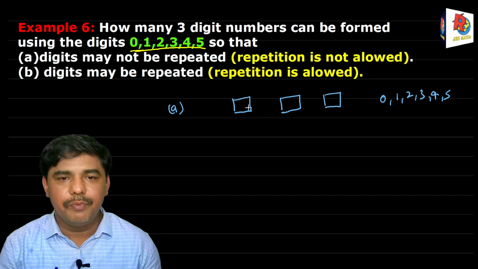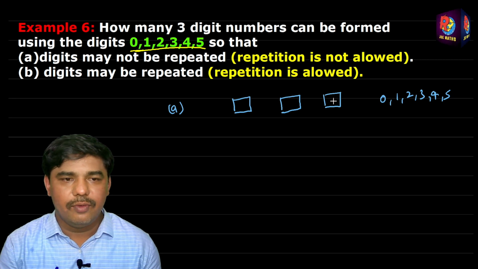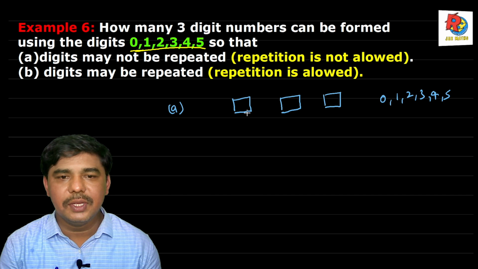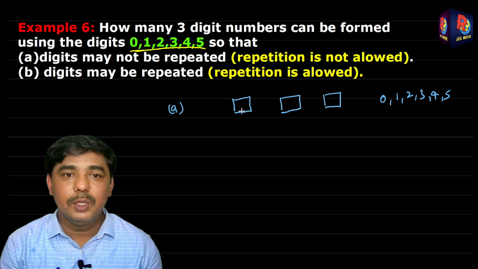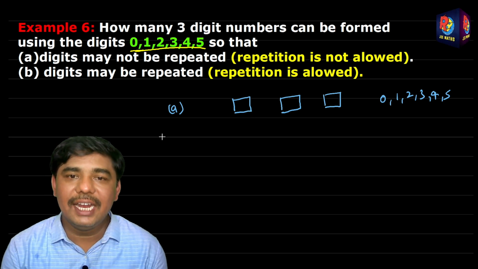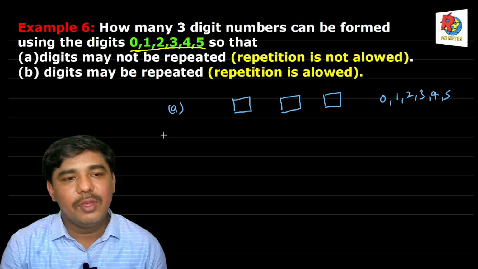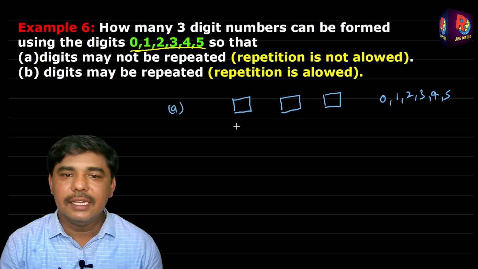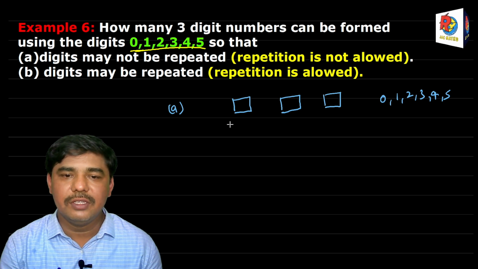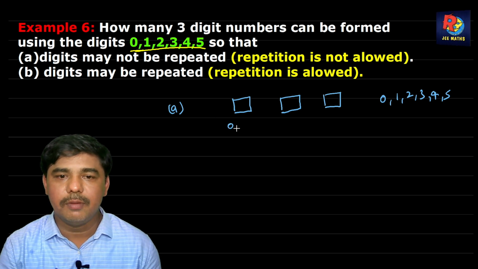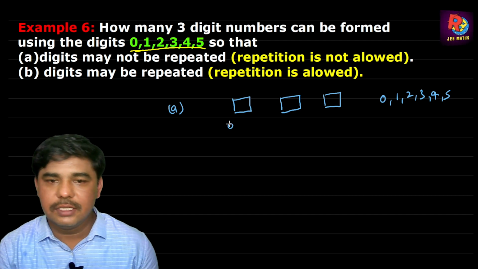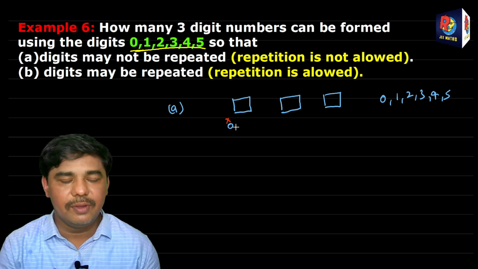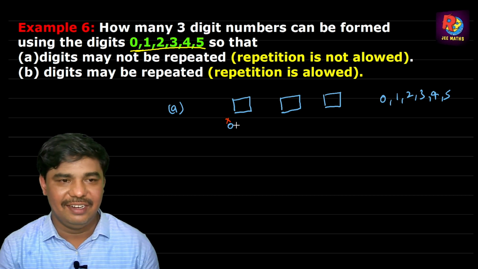If you fill up the unit place, 10th place, 100th place, and if you take 0 in the first place, then it will be a 2-digit number. We require a 3-digit number, so compulsorily here we don't fill up the 0. It is not possible to fill up 0. That is the most important thing you need to remember. If you fill up the 0 here, it will be a 2-digit number.